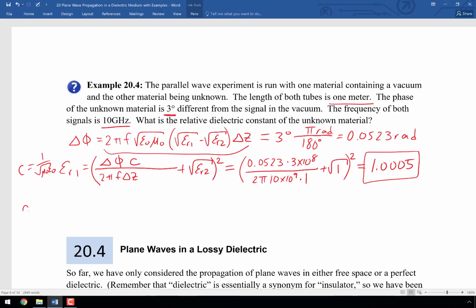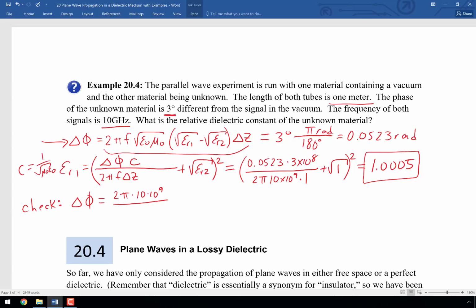Now let's just double check this. That was a pretty intensive calculation, so I'd like to make sure that I didn't make a mathematical error. I know delta phi is a quantity that I know. That's equal to 2 pi. Remember that that's this equation up here, so I'm basically double checking with that equation. 2 pi times f, which is 10 times 10 to the 9th, divided by c, because again I'm going to take the square root of mu sub 0 epsilon 0.